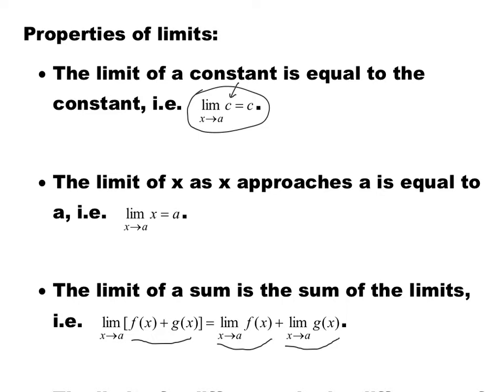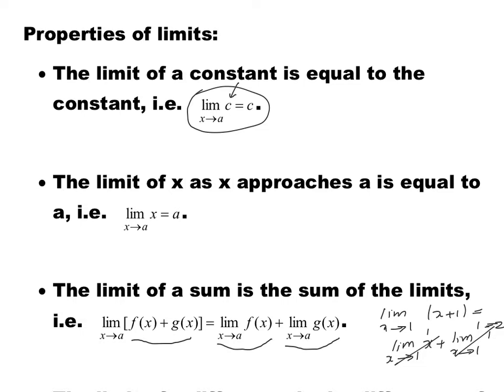Let me give you one example. If we have to find the limit as x goes to 1 of, let's say, x plus 1, this is the same as the limit as x goes to 1 of x plus the limit as x goes to 1 of 1. This one is going to give you 1, this one is going to give you 1, so the answer is 2.